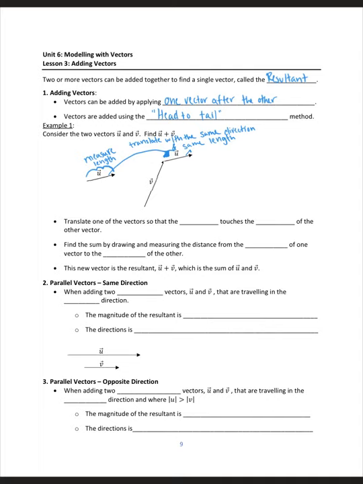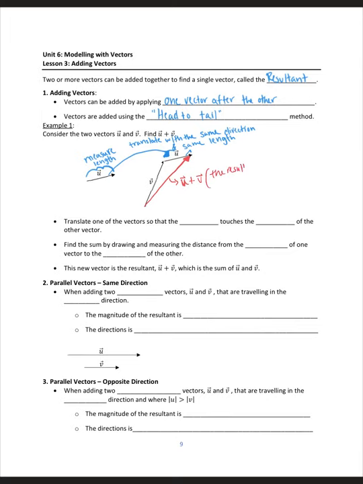Now, the result of that is going to be a resultant vector. So if I go from the tail of one of those vectors to the head of the other, that is going to represent adding the two vectors together. So u plus v, which we're going to call our resultant.